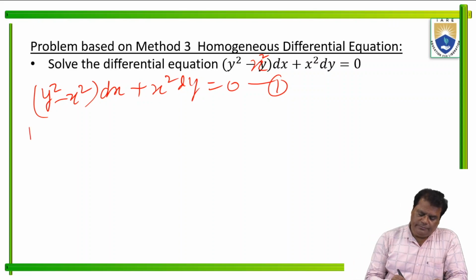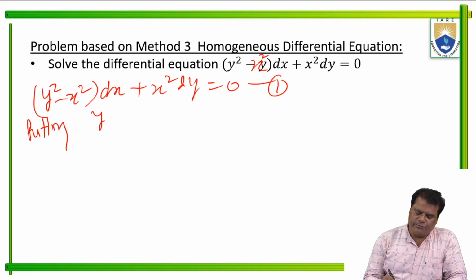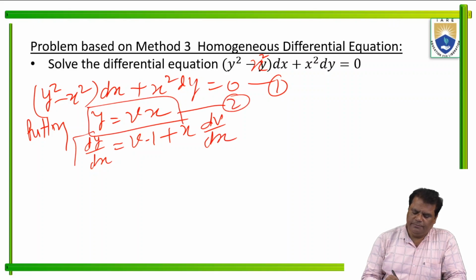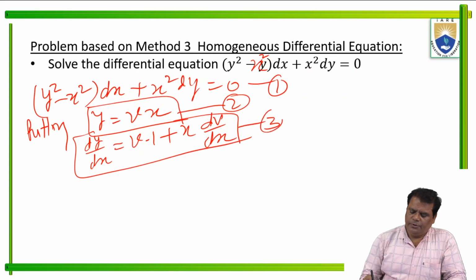Now putting y equal to vx, dy/dx is equal to v plus x dv/dx. This is equation 2, this is equation 3. From 2 and 3, putting in 1.